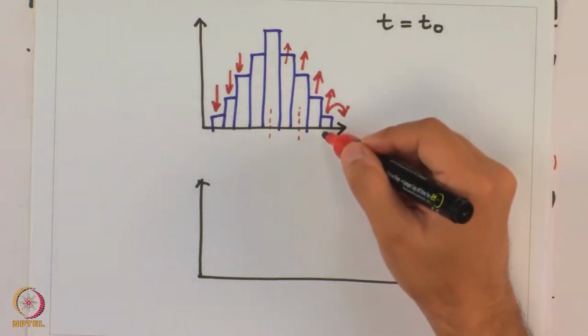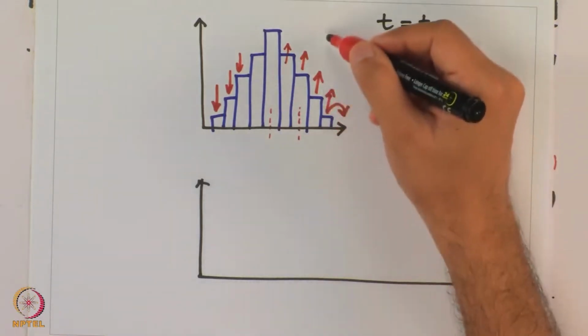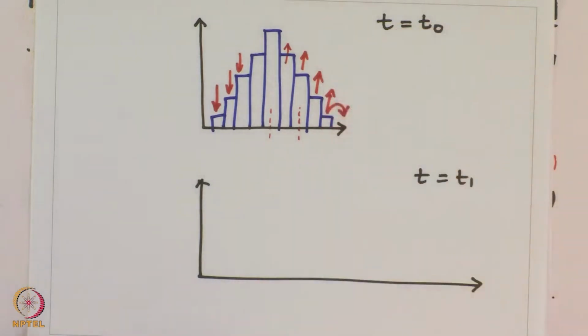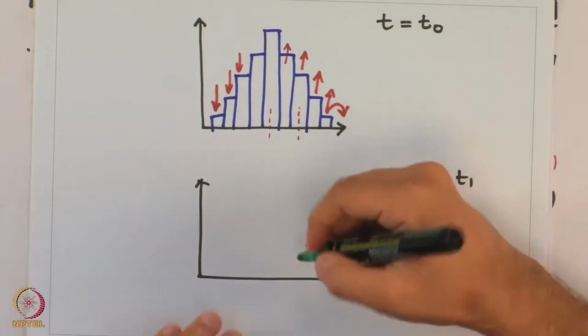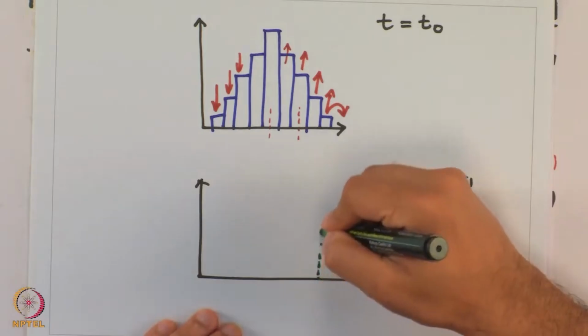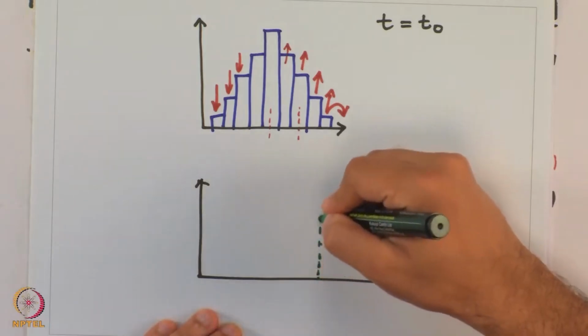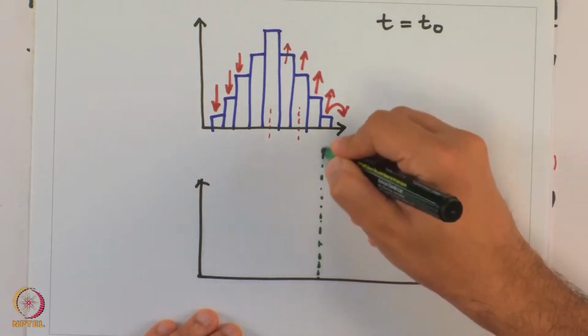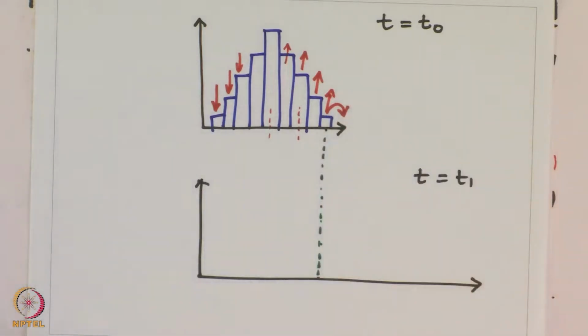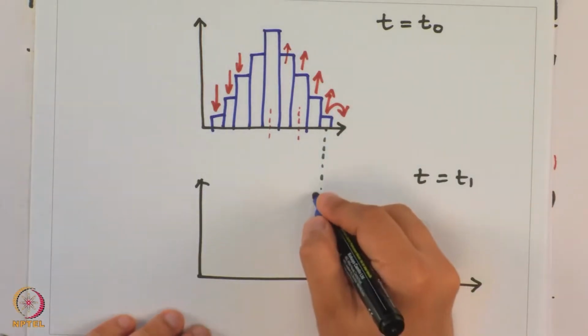So, eventually every particular genotype will reach its mean and then start to fall, and we are interested in that particular instant when the frequency associated with the leading edge at t equal to 0, which is this particular genotype, when the frequency associated with this particular genotype is maximum.